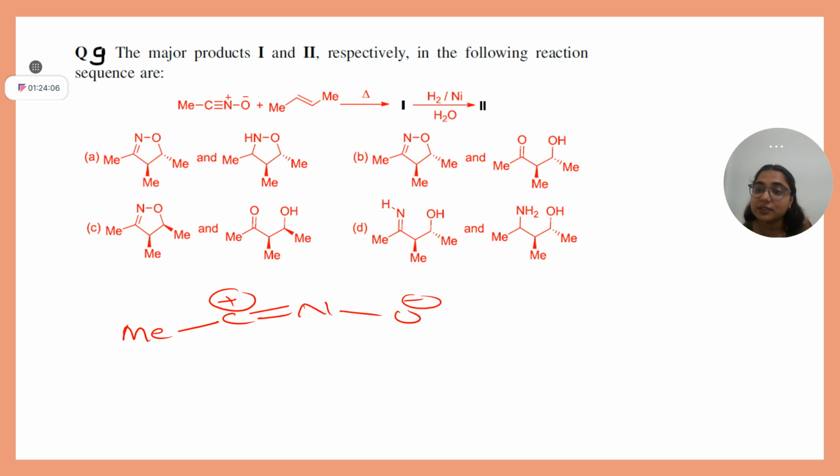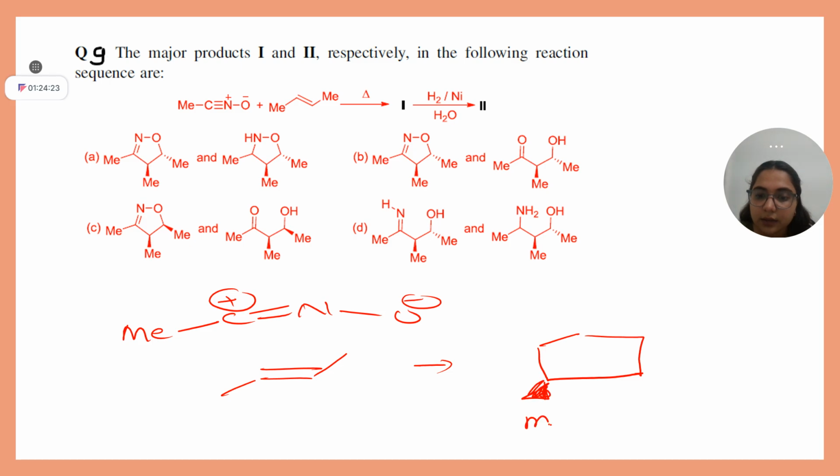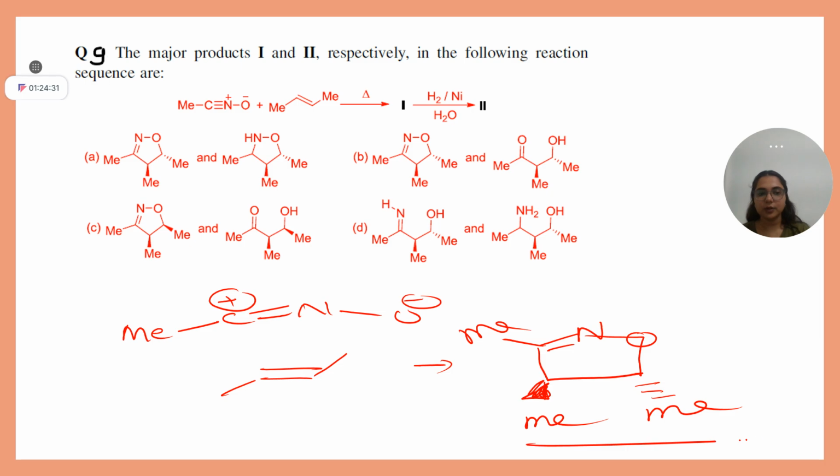Once you know the charges, which will contain positive, which will be negative, now your job is done. You have trans this. Again, trans. The reaction will be stereospecific. If they are trans in your olefin, they will be trans here as well. Then it is trans. Me, Me, double bond and oxygen. This will be your product in case of first.